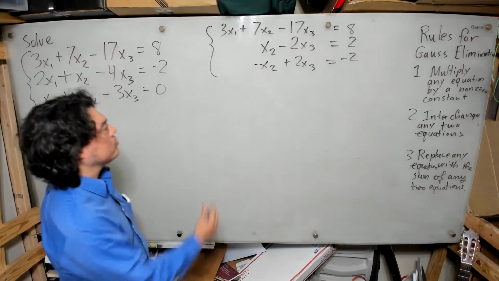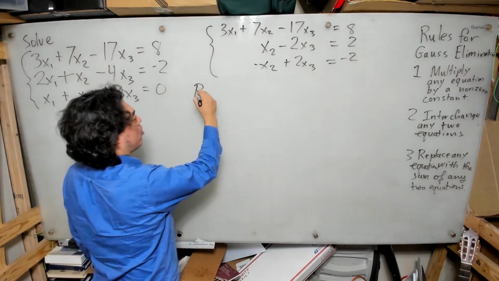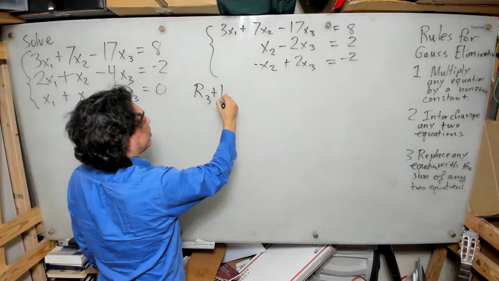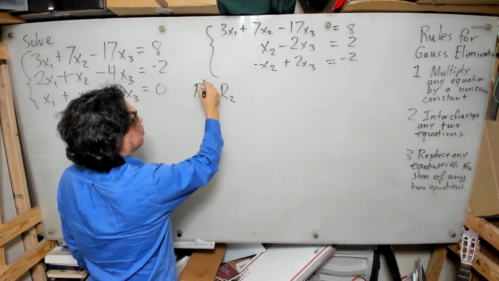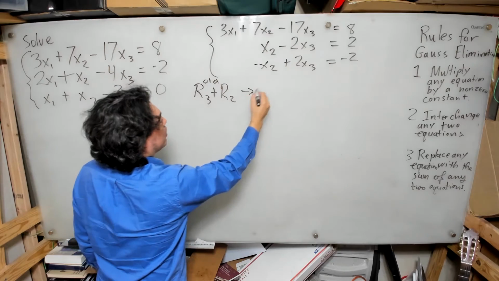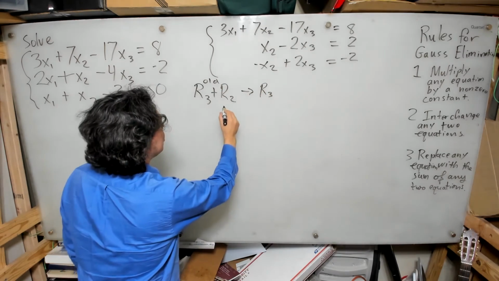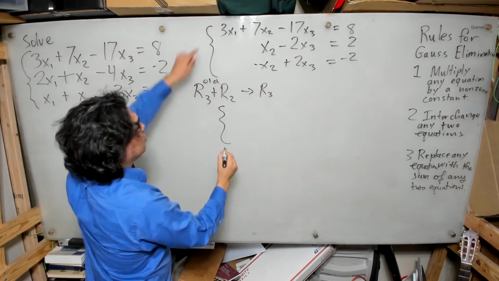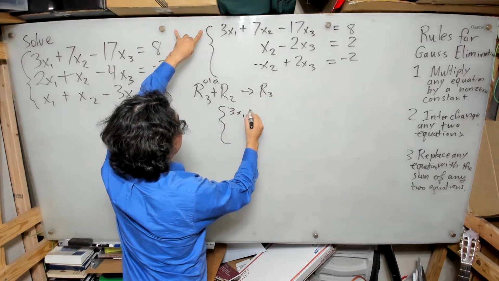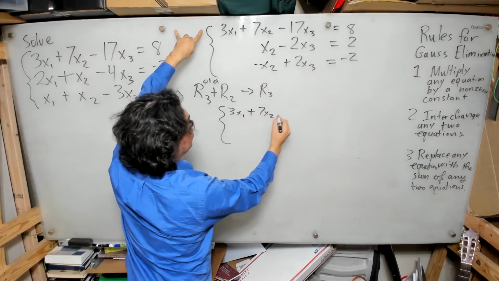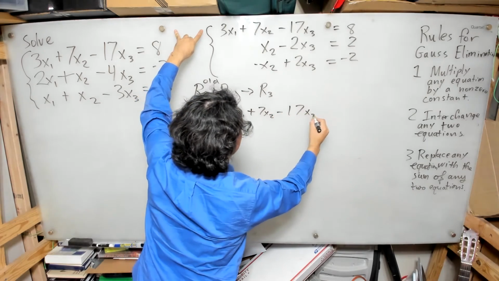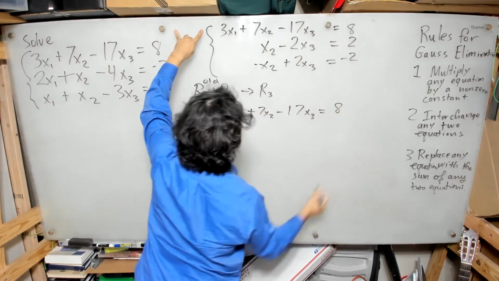So my R3 plus my old R2 is going to become my new R3. So the first two equations are going to stay the same. So 3x1 plus 7x2 minus 17x3 equals 8.